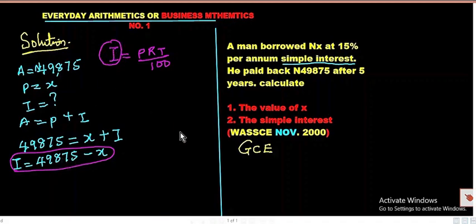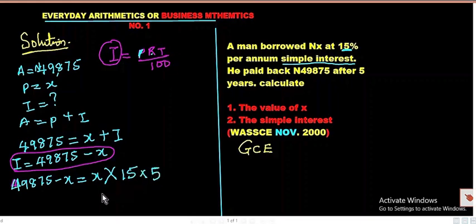So 49875 minus X is going to be equal to, in place of principal, I have X times, in place of rate, remember the rate here is 15, and what is the time? Time is 5 years, all divided by 100.